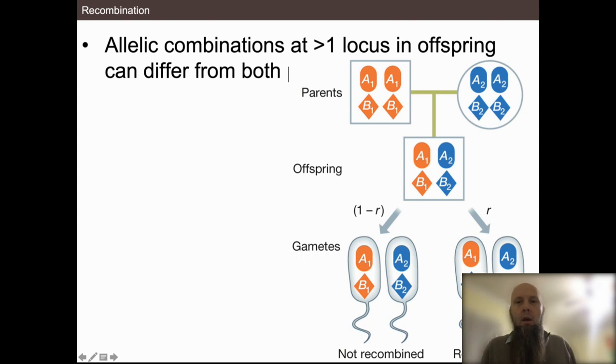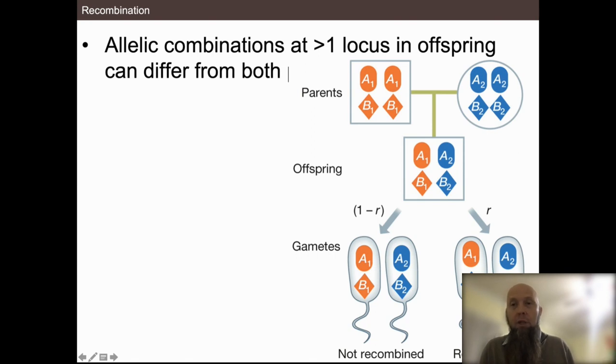Okay? Now, there are 2 different ways these could be passed to offspring. Given that the parents have either 1 and 1 or 2 and 2, when they produce offspring, those offspring might be able themselves to produce gametes that have A1 with B1 and A2 with B2, as you see on the left, or they might be able to create other combinations like A1 with B2 and A2 with B1, as you see on the right.